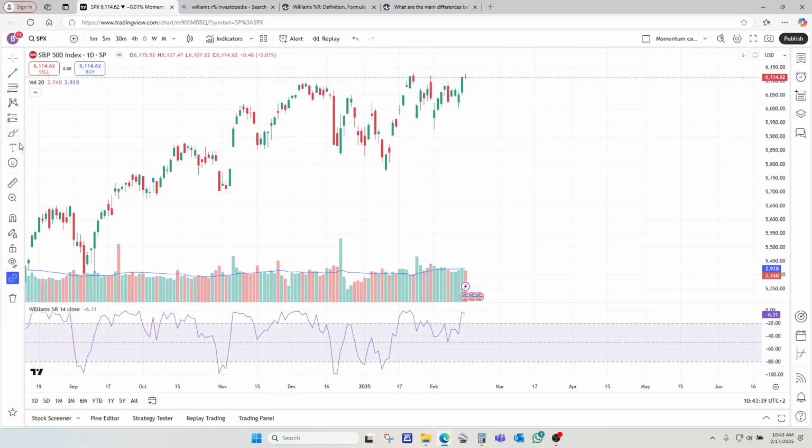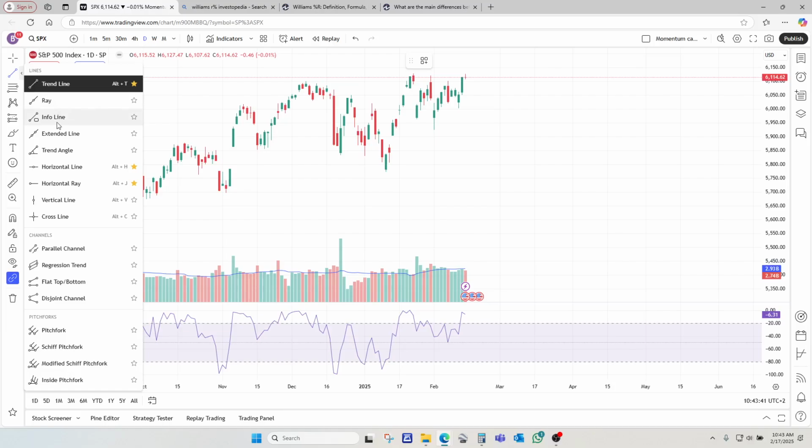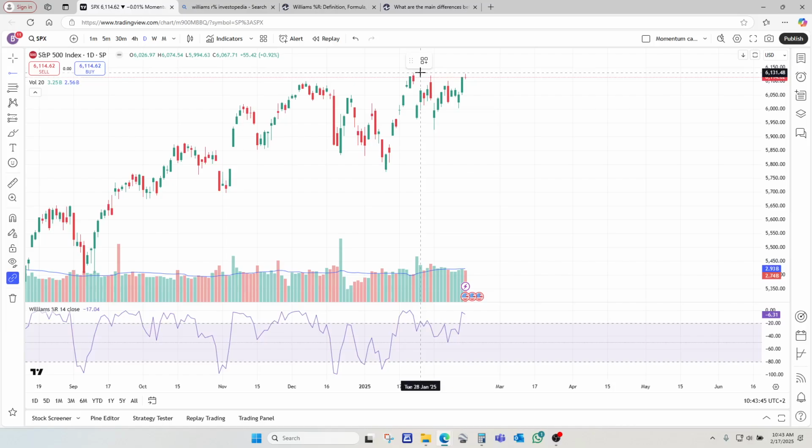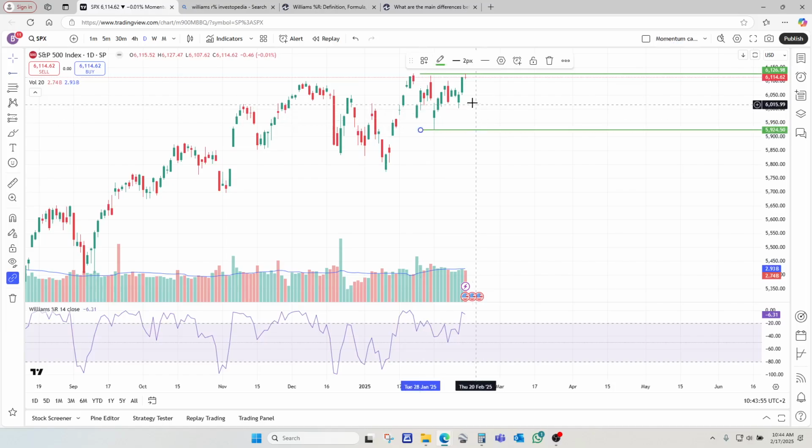So basically it will draw a line from here, the highest high, and another line will be the low. This one was the candle. So this is valid only for the last candle, okay?